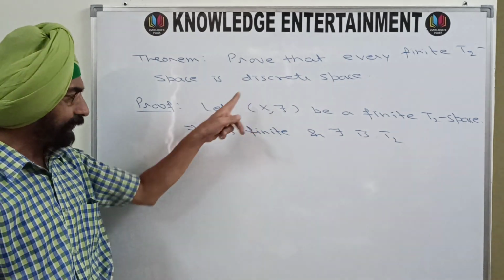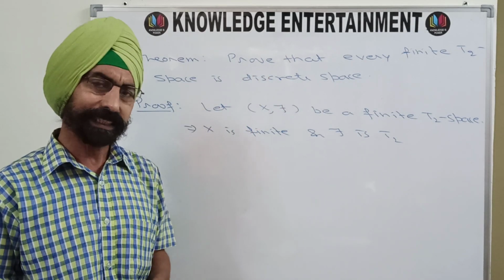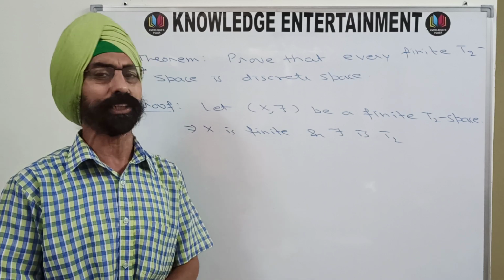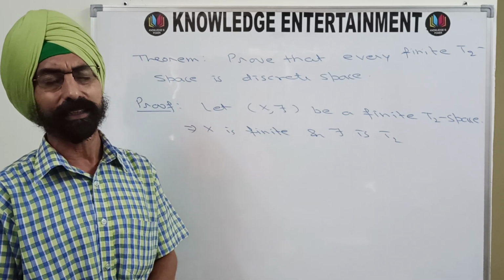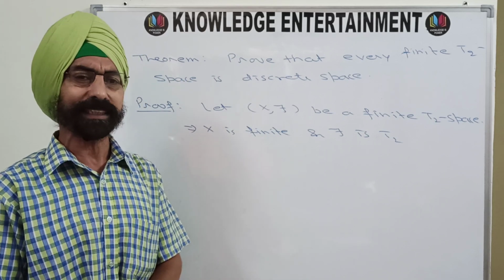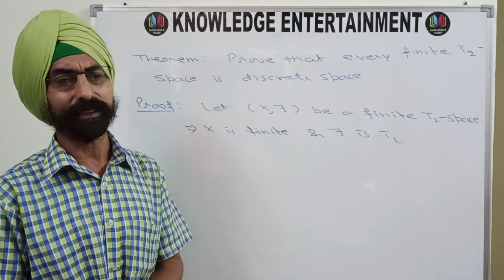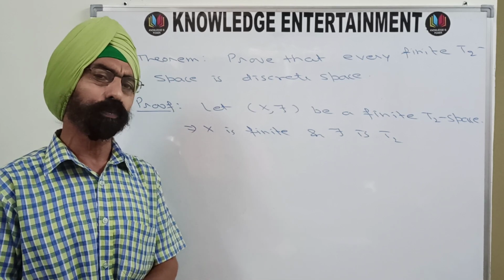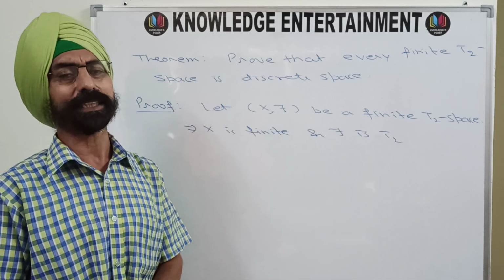And you have to prove that it is a discrete space. Discrete space means that the topology is the discrete topology. That means every subset must be an open set. So we will take an arbitrary subset of X and show that this subset is open. That means every subset is open, and when every subset is open, the topology is clearly the discrete topology.